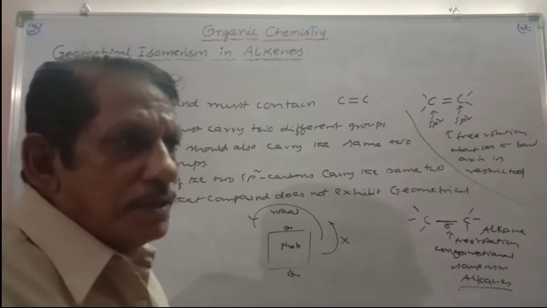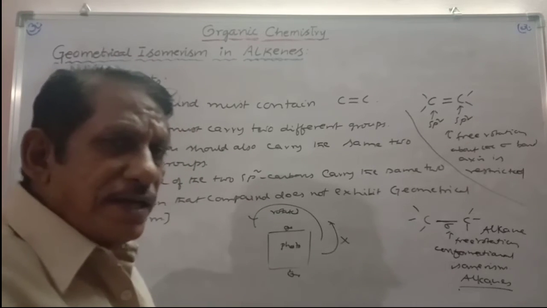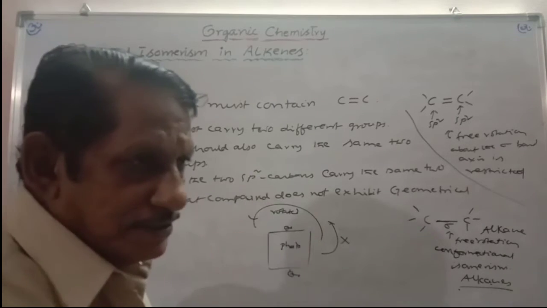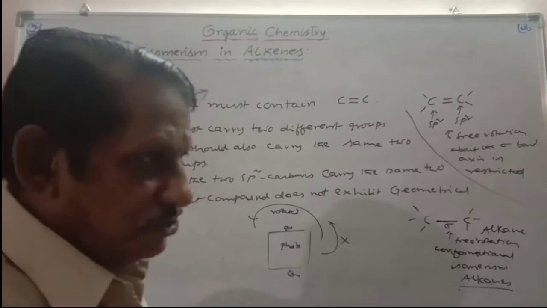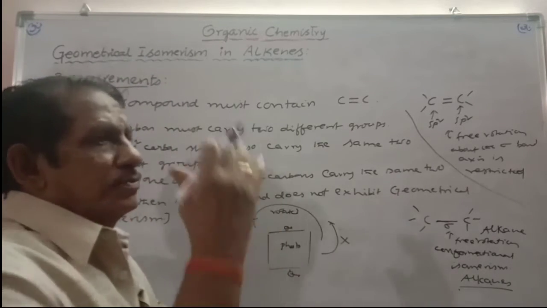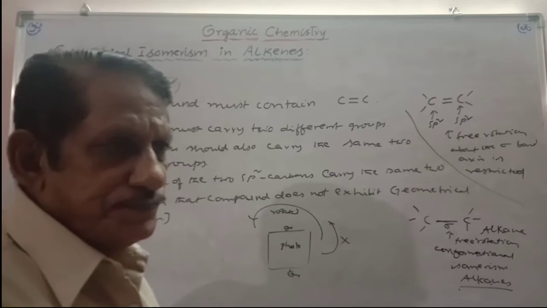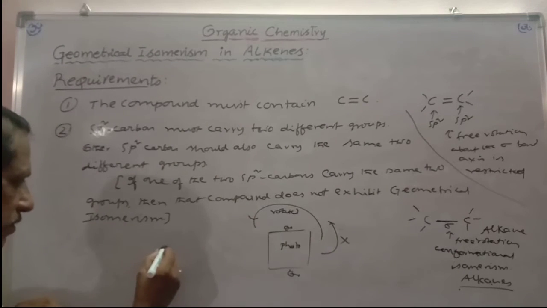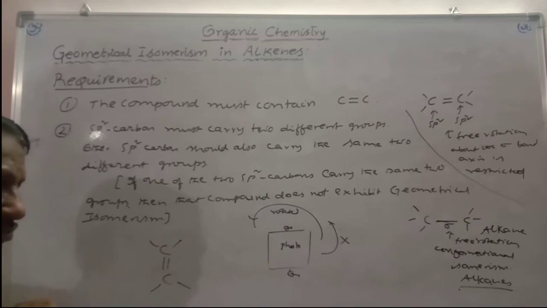Then there will not be several arrangements of the atoms around the carbon, just like in conformational isomerism. The spatial arrangement of the groups around the two sp2 carbons is completely fixed in two types. What we can see here is C double bond C, with two valences like this. This is the C double bond C plane.